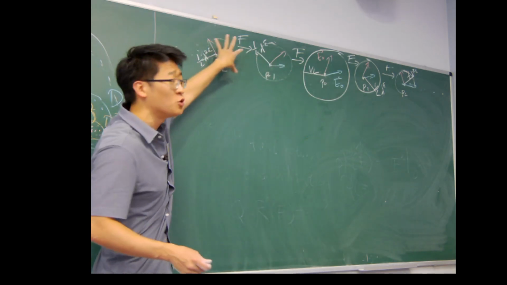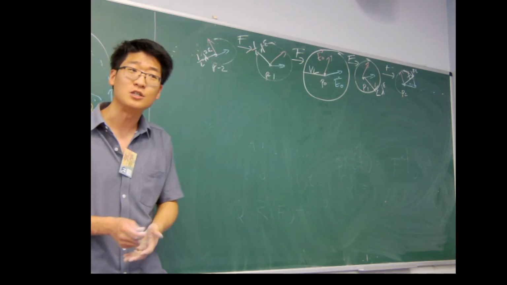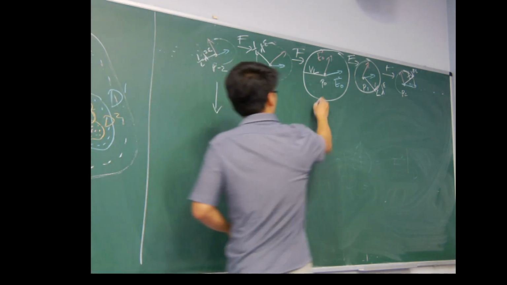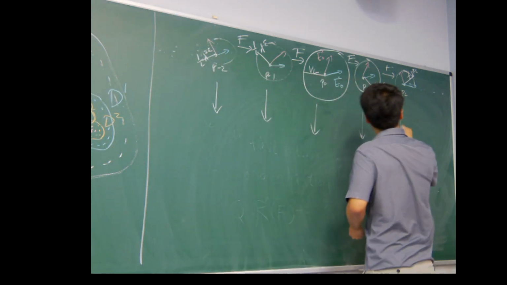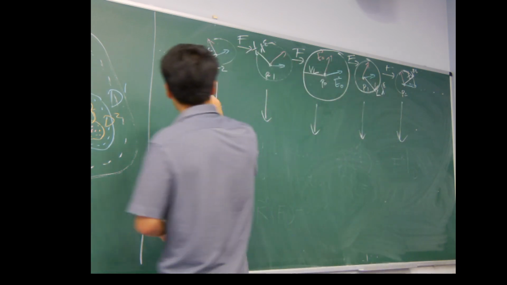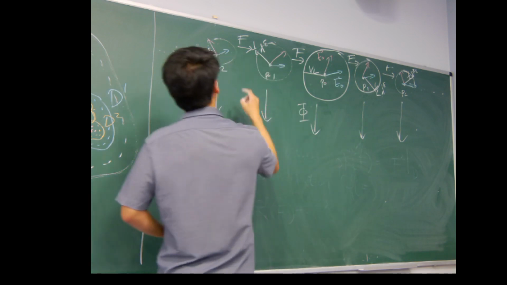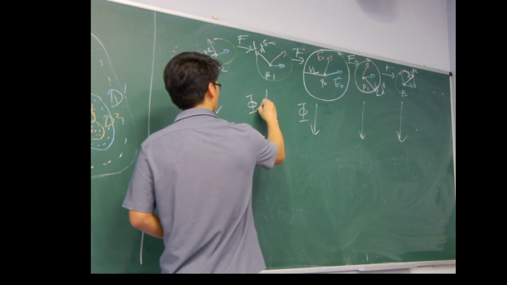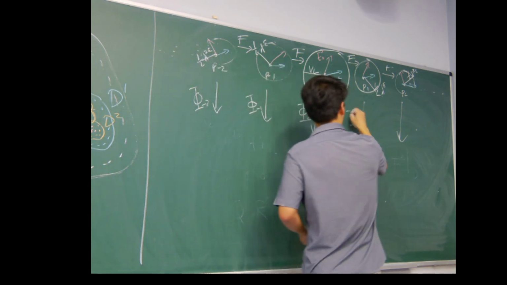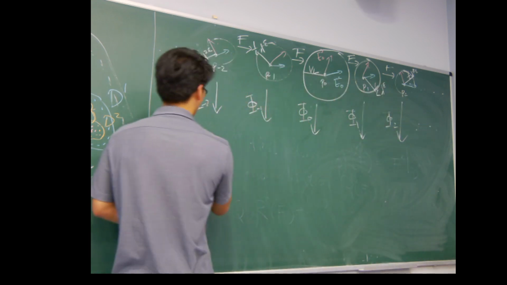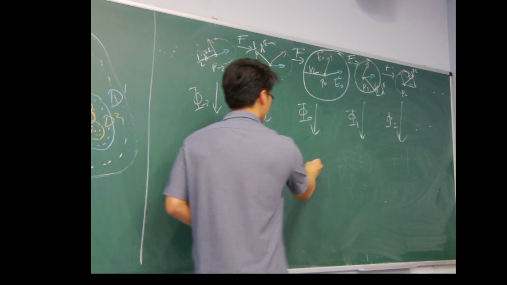But as long as you restrict yourself to just these balls, okay? So what you can say is that on each of these balls, there is a change of coordinates, which I'm going to call phi by the index, so phi minus 2, phi minus 1, phi 0, phi 1, phi 2, and so on. So that will send these balls downstairs.